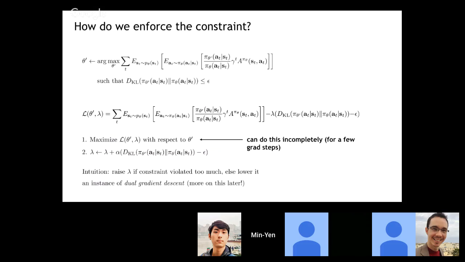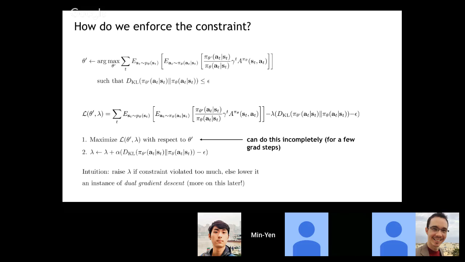That means the next time we try to maximize, it has a penalty. Basically, that's the idea.